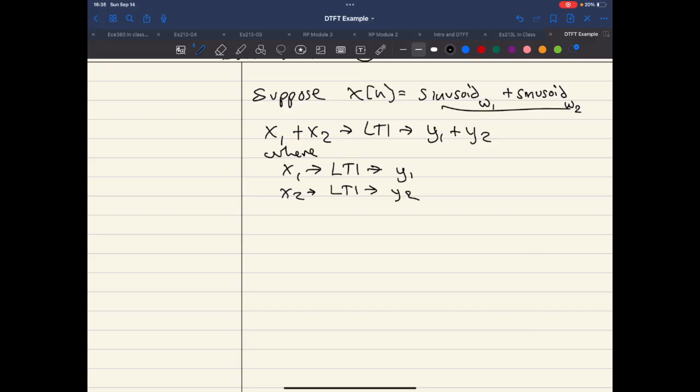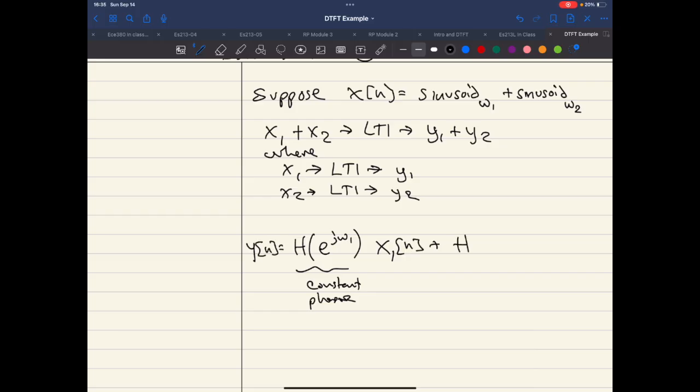and I'm adding up over those sinusoids, I could just do H(e^jω1). This is a constant. It's a phasor. Okay, and it's going to go to x1[n] plus, this is our output, by the way, H at the second frequency, and it's going to make a second phasor attached to the second sinusoid.